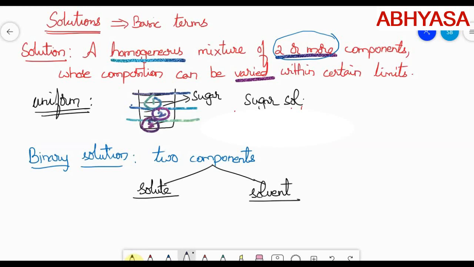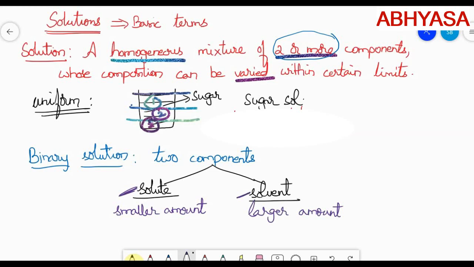Out of the two components, the one which is relatively present in smaller amount is called the solute, and the one which is relatively present in larger amount is called the solvent.